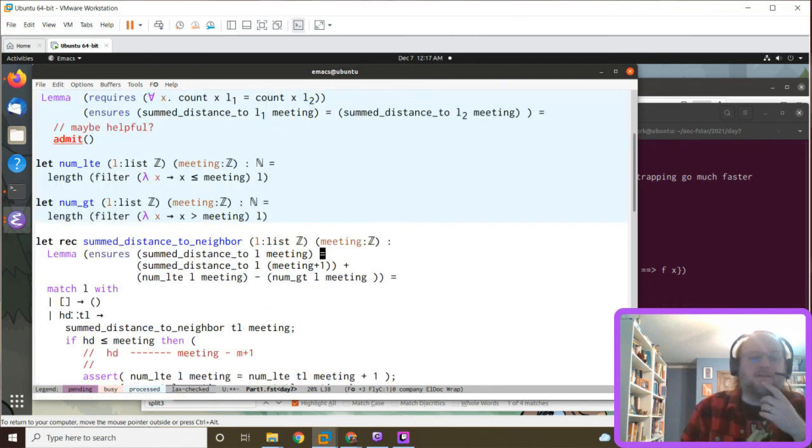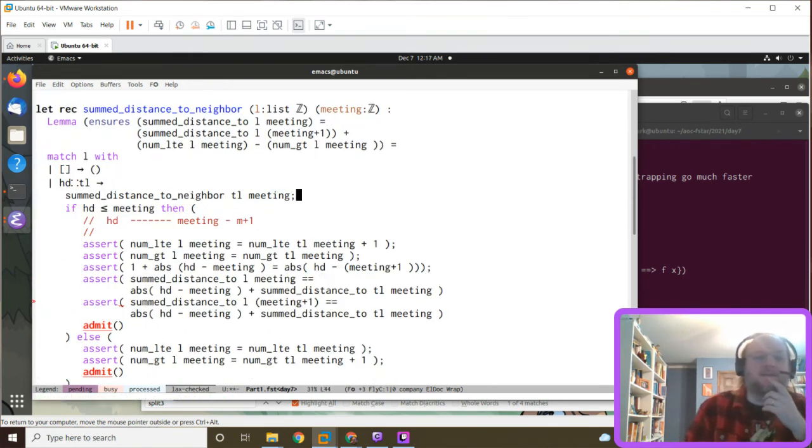Oh no, okay. I got the lemma wrong. I want to say the opposite, or move these the other way.